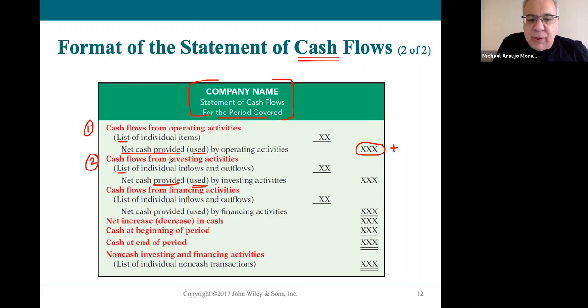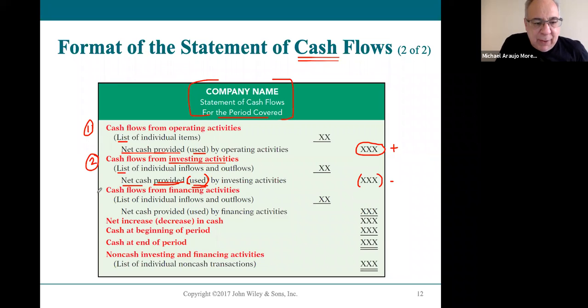What you want to see with investing activities, because you do want to see a business that's committed to growing, is that you will often see this number is negative. That's a good thing, because for the most part we want to see companies investing in the future. In that case, that would be net cash used. It wouldn't be provided. If it was negative, it would be used.